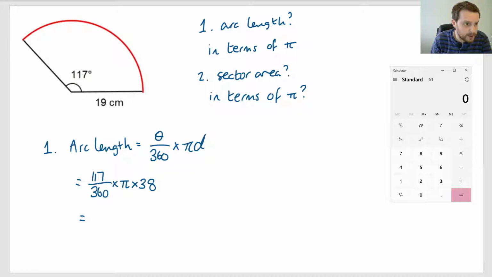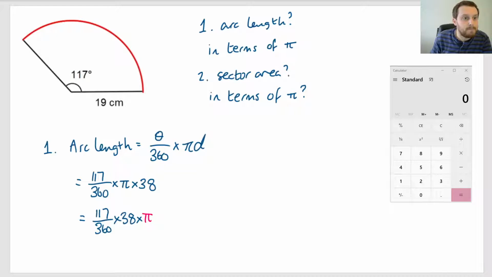This is just a product. It's 3 things times together. It's a fraction times pi times 38. It doesn't matter what order you times in. So let me write it like this. I'm going to put the pi in a different color.